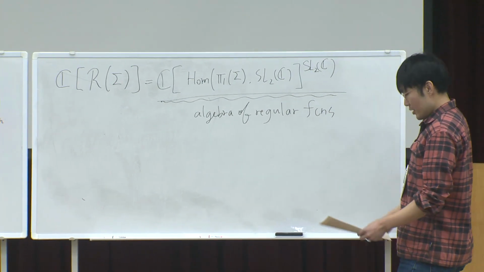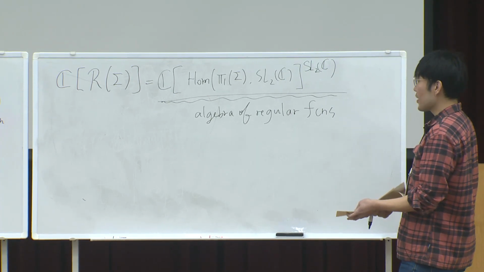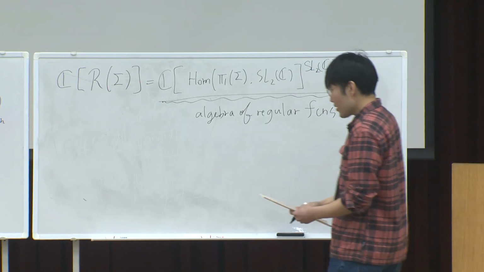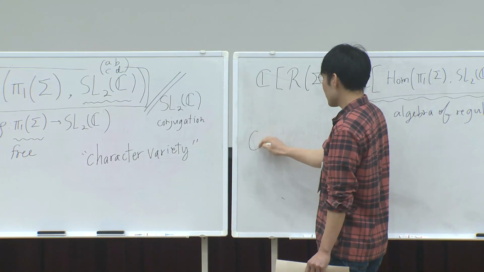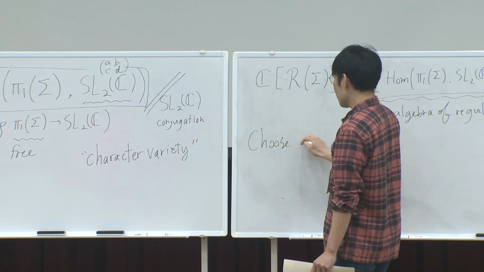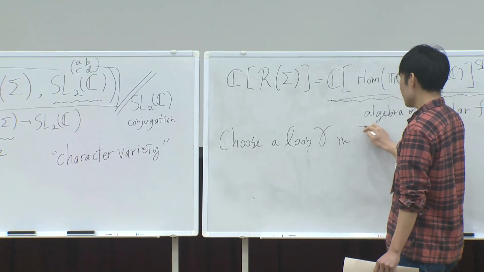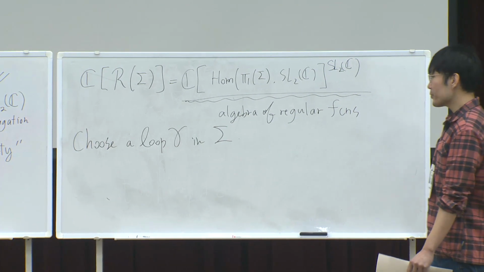But today I'll only work with SL2. I'm going to tell you some elements of the algebra of regular functions. What you can do is you take any loop, so choose any loop, say gamma in the surface. And you can view it as an element of the fundamental group.